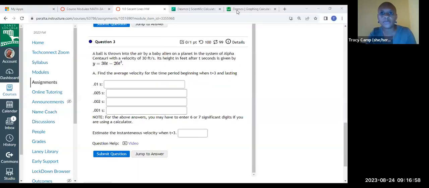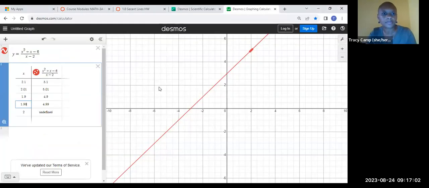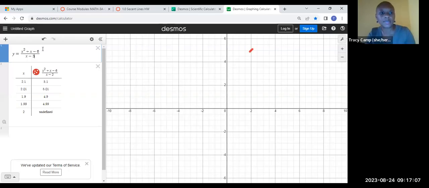Let's go to the Desmos graphing calculator. This is x minus 3, and this is negative 20x squared plus 30x plus 90.